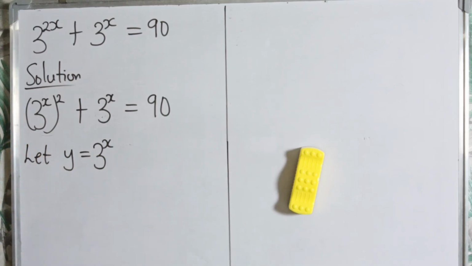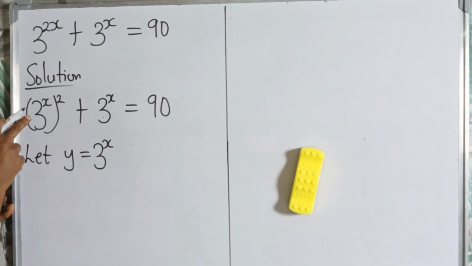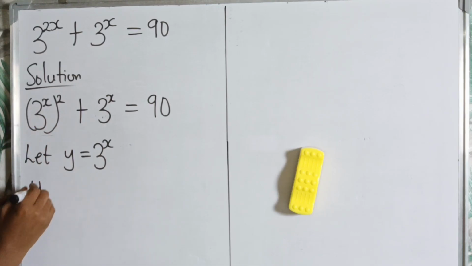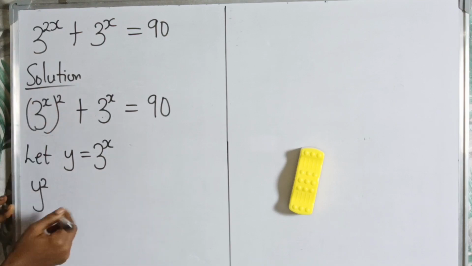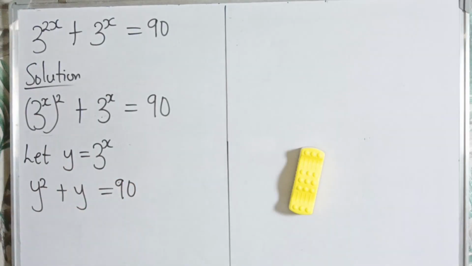Wherever we see 3 raised to the power x, we are going to substitute y there. So rewriting the equation, I'm going to substitute y here. So y squared plus y is now equal to 90.